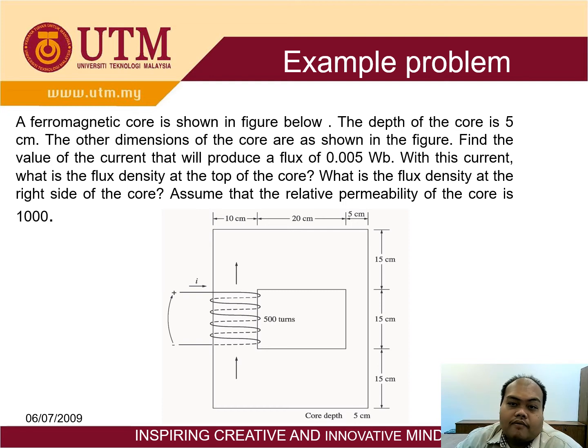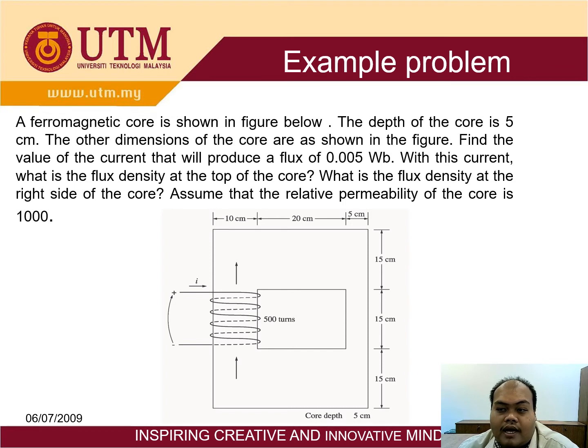So first you have to determine the area and the length for each section. They want you to find the current to produce 0.05 Weber, and the relative permeability is 1000.